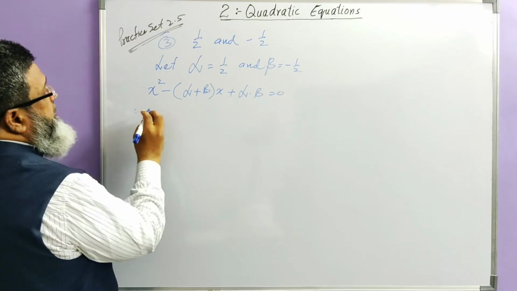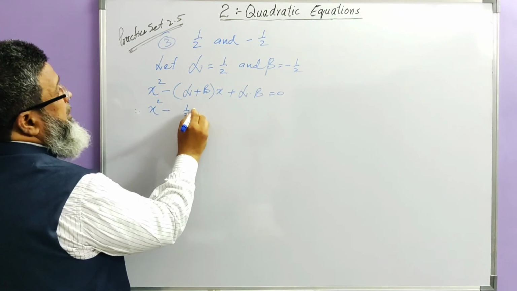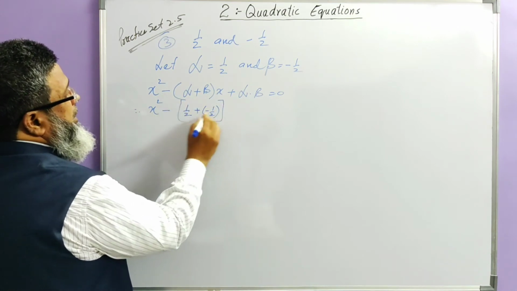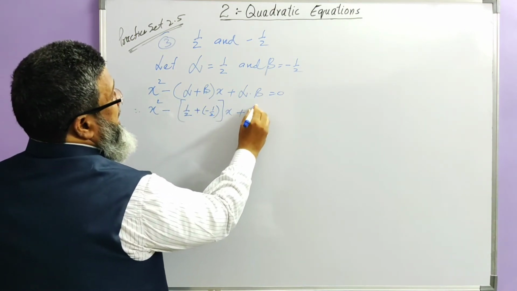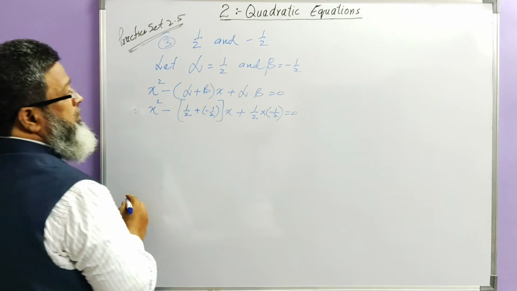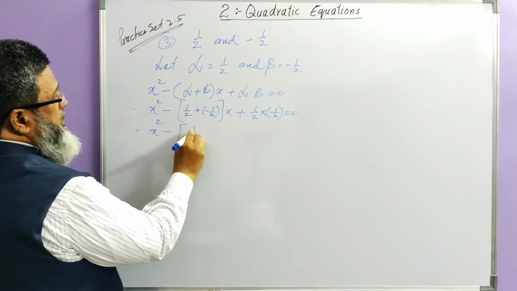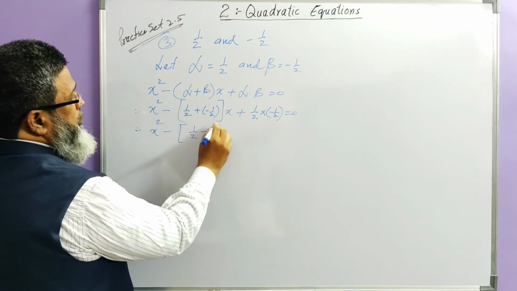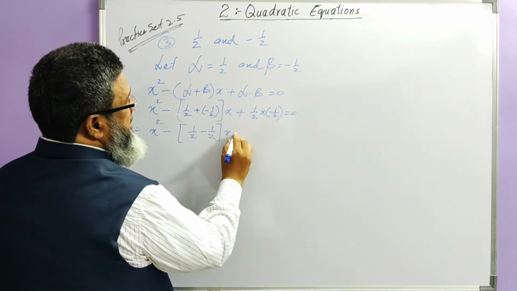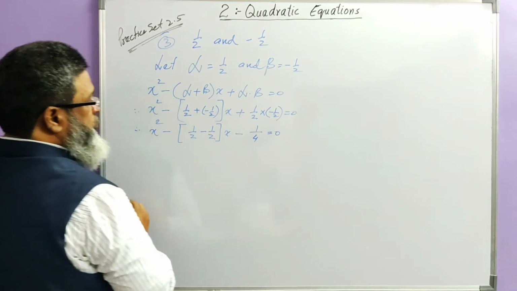Therefore x square minus (1 upon 2 plus minus 1 upon 2) x plus 1 upon 2 into minus 1 upon 2, which is minus 1 upon 4, is equal to 0.